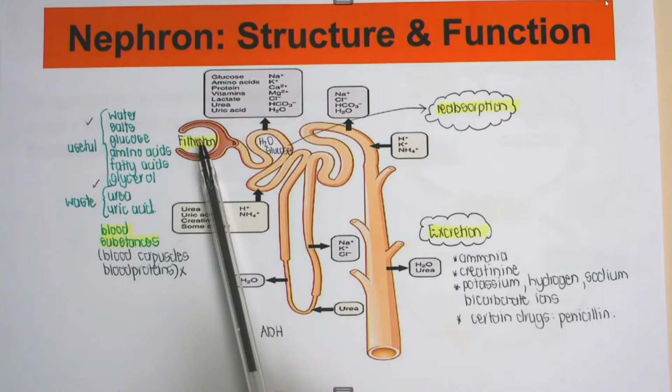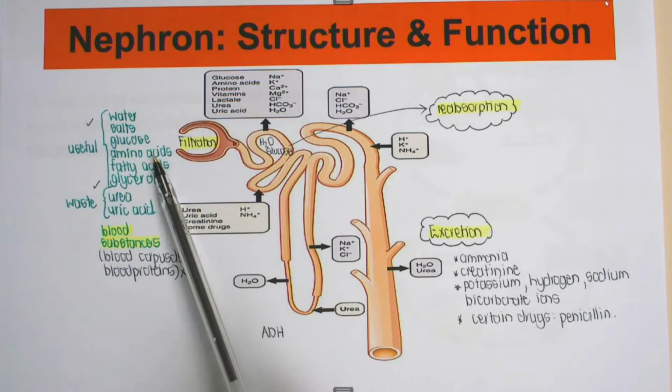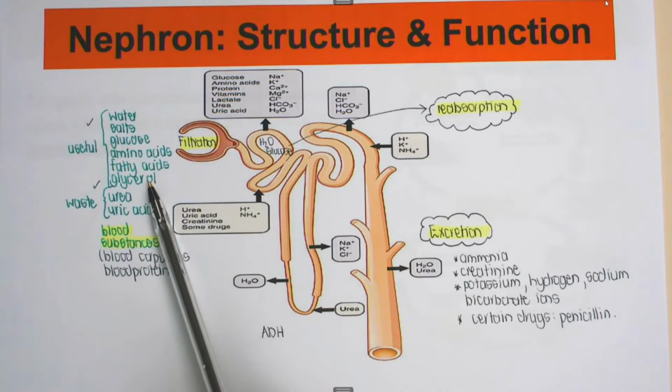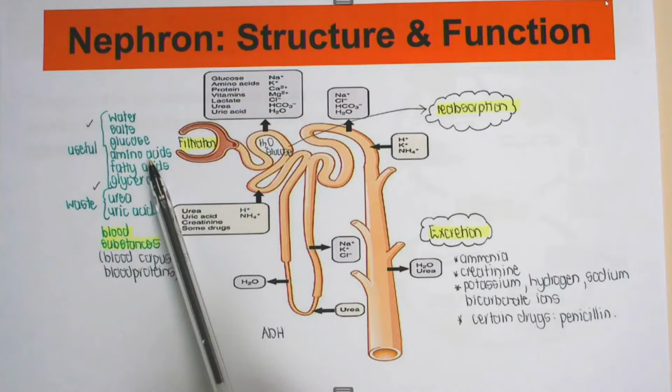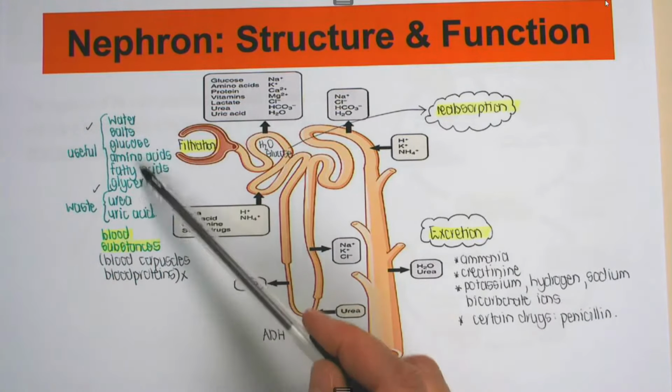What is filtrated? The useful substances: water, salts, glucose, amino acids, fatty acids, and glycerol. If you know that, those are the building blocks: fatty acids and glycerol are the building blocks of lipids, of fats. Amino acids are the building blocks of proteins. Glucose, building blocks of starch and sugar. So it's the smallest parts, it's the building blocks.